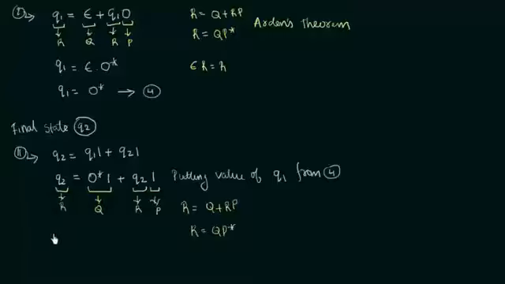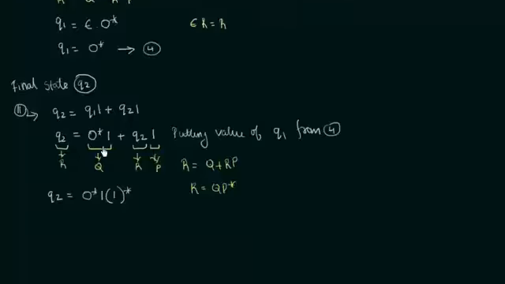So R, that is Q2, equals QP star. What is Q? 0 star 1, and P star. What is P? P is 1. So 1 star. This is the regular expression for the final state Q2.